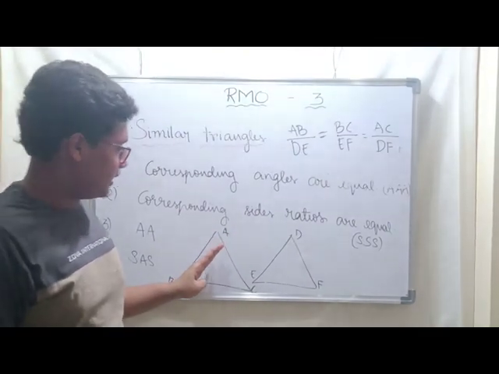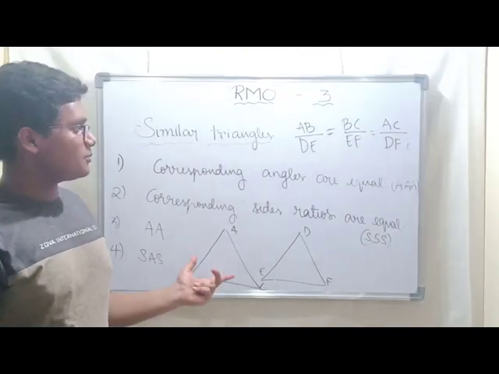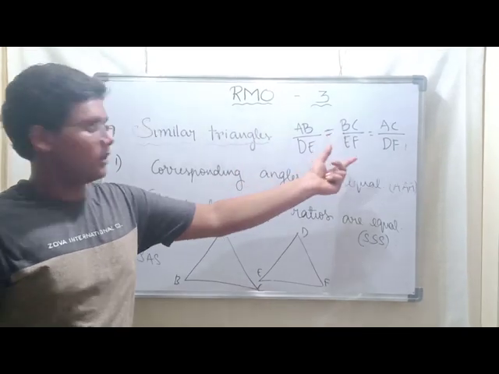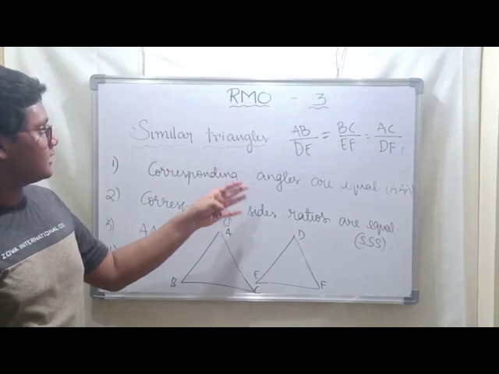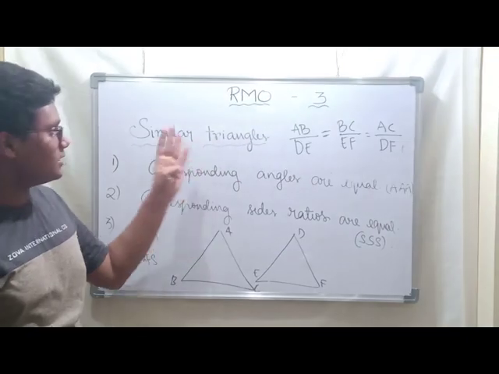If the corresponding sides ratios are equal, then those two triangles are said to be similar triangles.